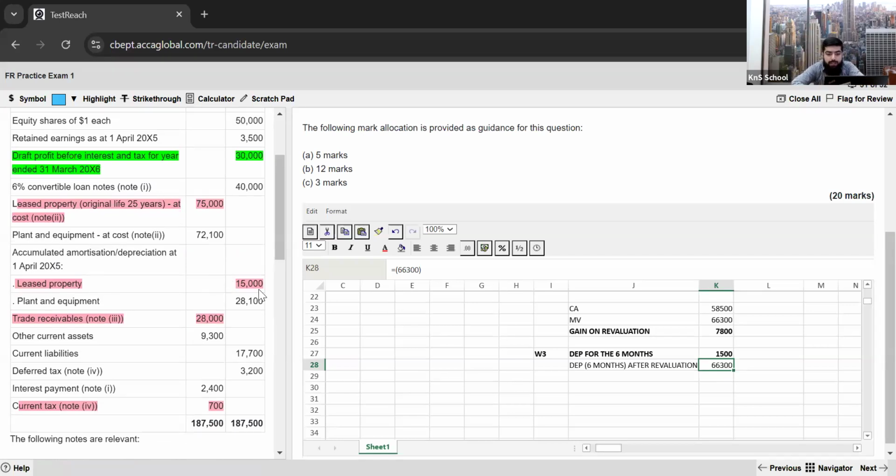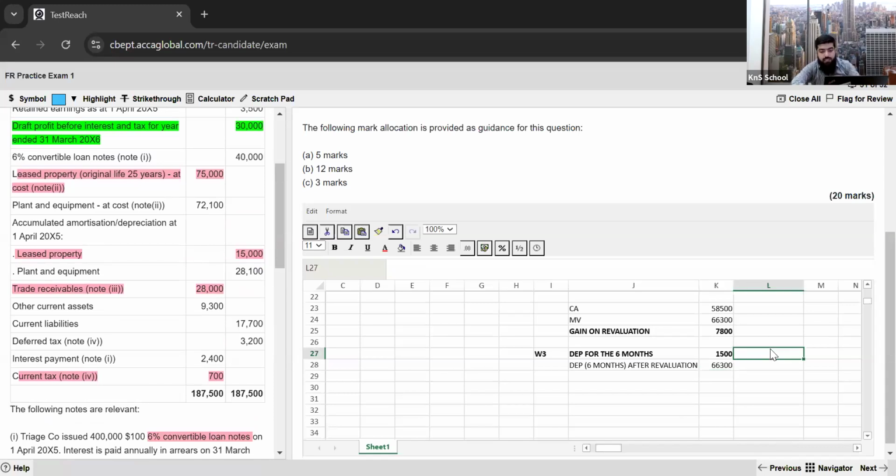And we are using the straight line method. If we are using the straight line method and we have an accumulated depreciation of 15,000, what is the annual depreciation that we are getting? The annual depreciation is 75,000 divided by 25, which is 3,000.